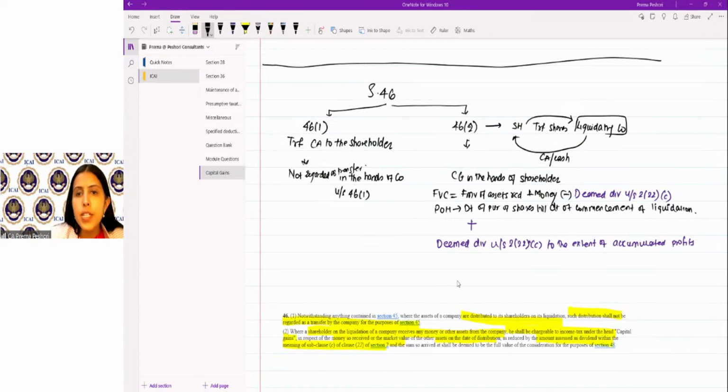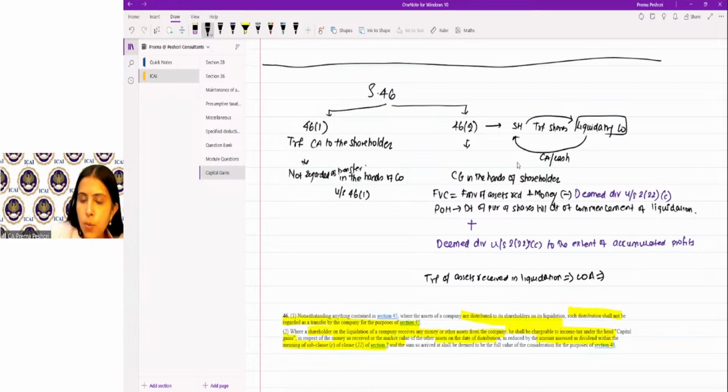Now, if I transfer the assets later on, if I transfer these assets which I have received, so transfer of assets received in liquidation, what will be my cost of acquisition?